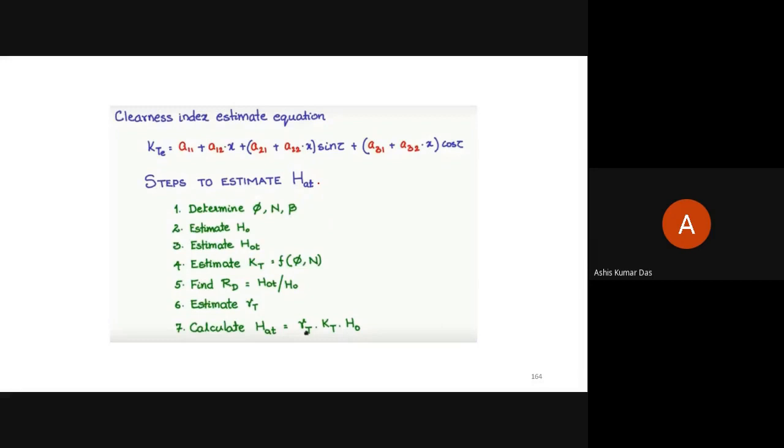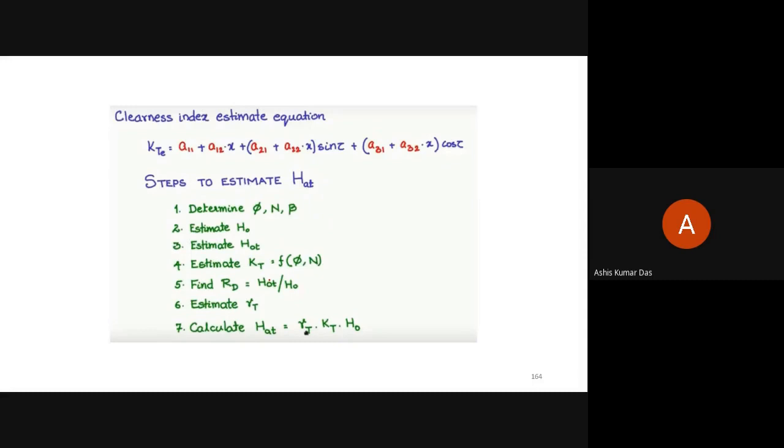We saw that we need the latitude phi, the tilt angle, and an estimate of H naught, and we can also estimate H naught T. Estimation of KT was deferred because we had no other parameter at that time. But now we have this mapped value from the curve fit equation, and we can easily find the value of KT for any given latitude and day number.